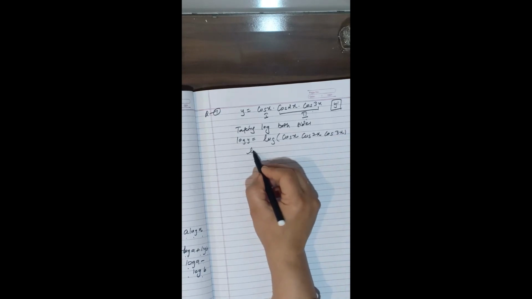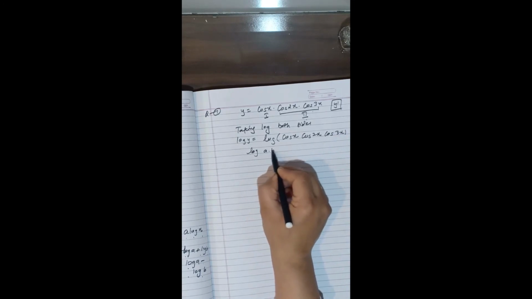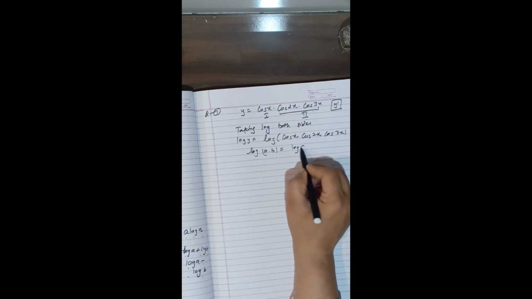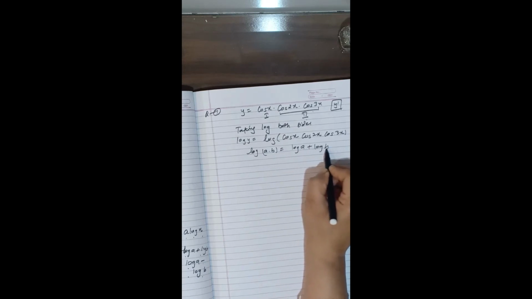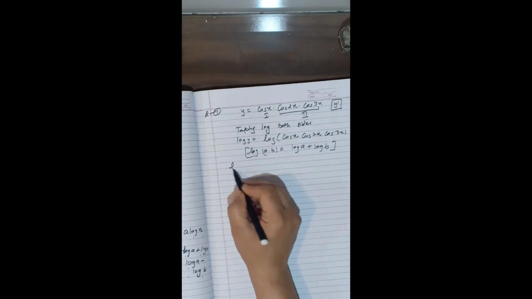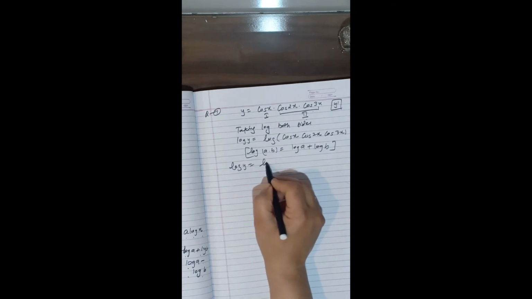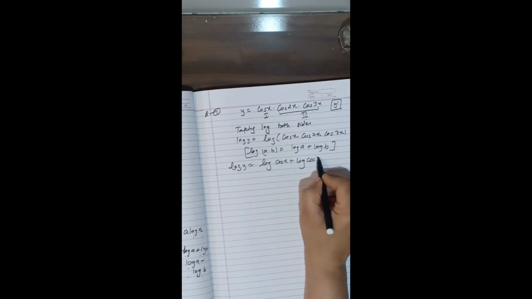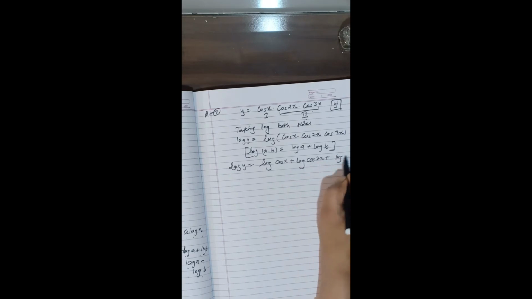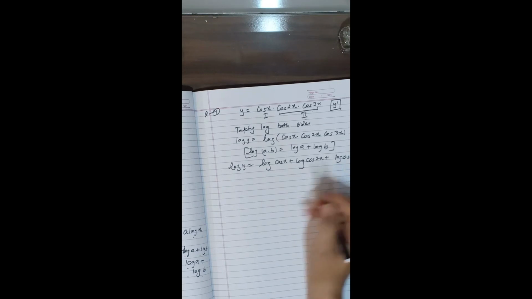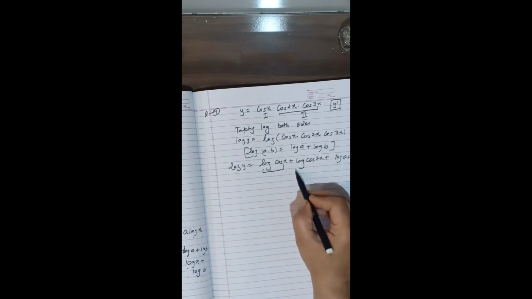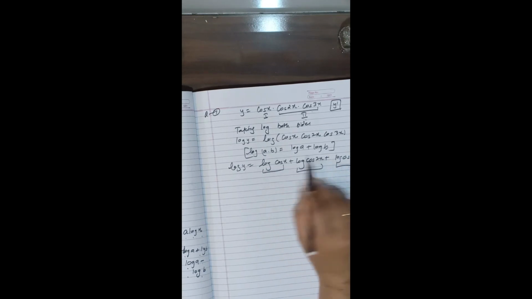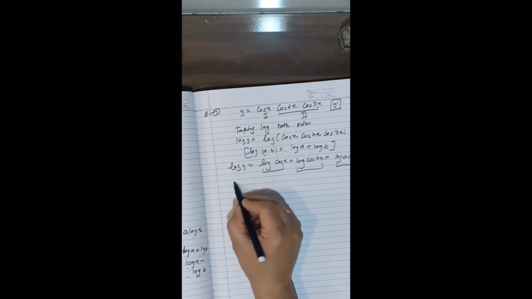Now if you remember, I told you just now, log of a into b will become log a plus log b. Hence, it will come out to be log of cos x plus log of cos 2x plus log of cos 3x. So that if you find the derivative of this one, you can find it separately. There is no product rule applicable now.